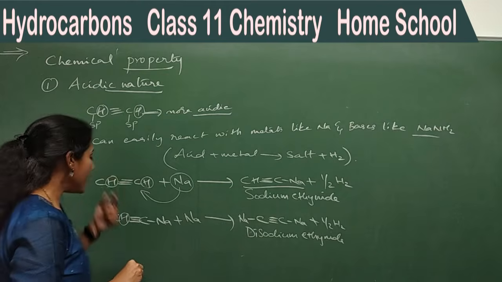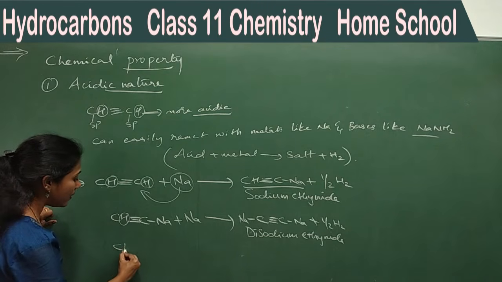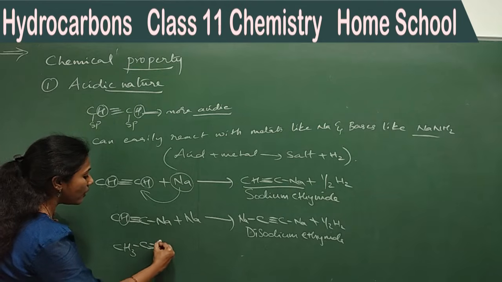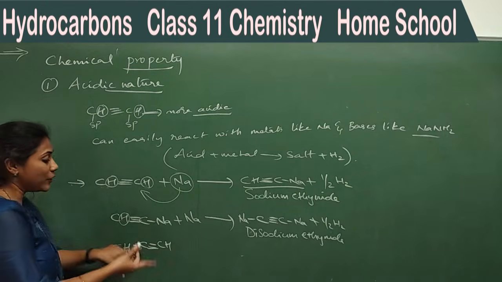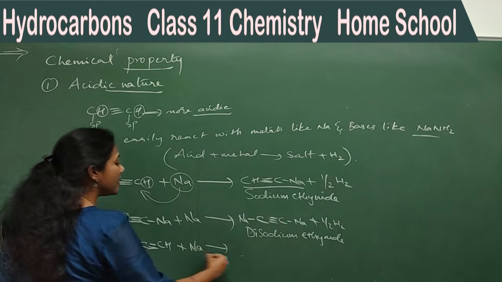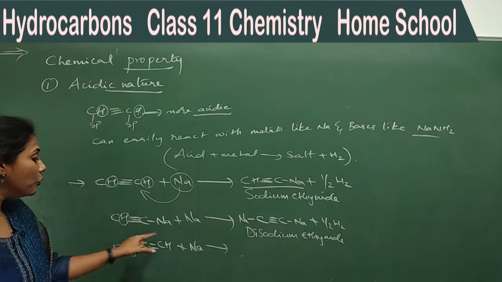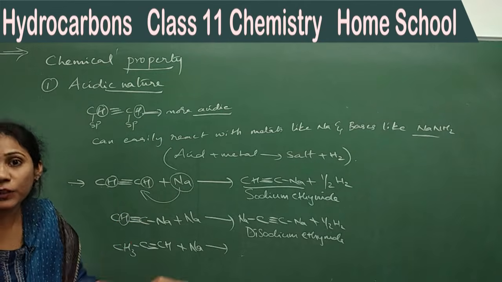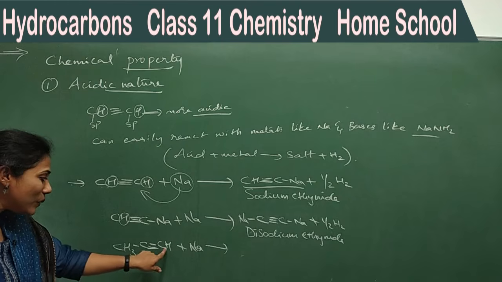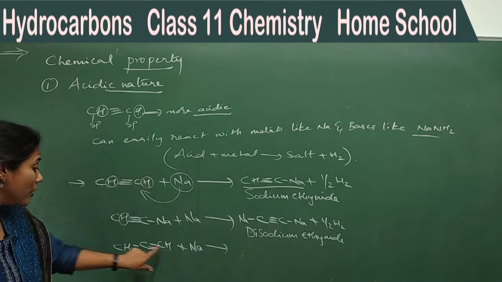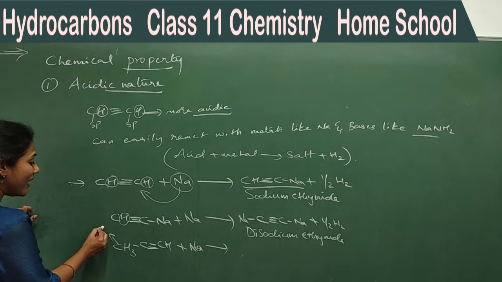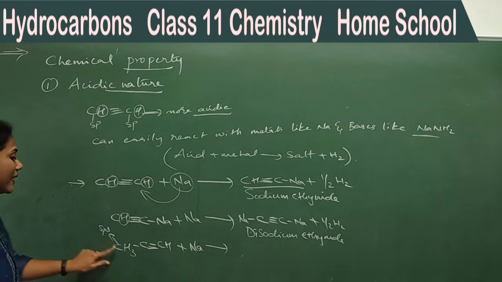Clear? Fine. So now suppose I take CH3C≡CH. So I took propyne now. If I treat it with sodium, what is the reaction that you can expect? How many replaceable hydrogen atoms are there here? Just one, guys. So you can only replace this hydrogen. There are three hydrogens here, but they are attached to sp3 hybridized carbon.